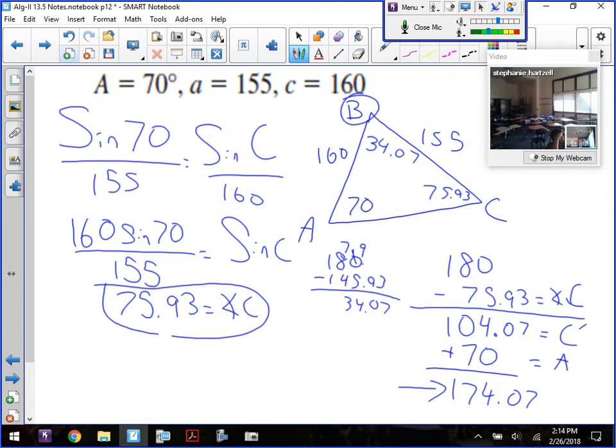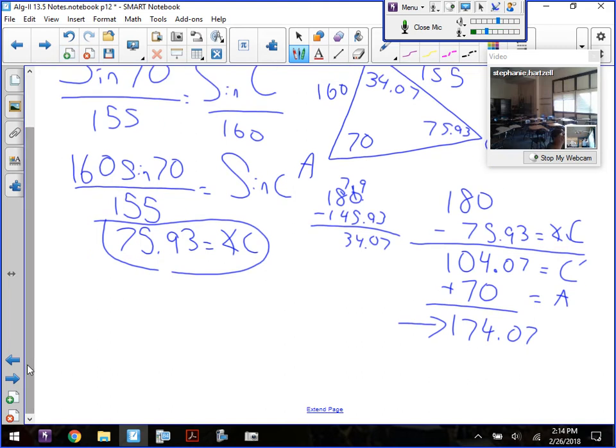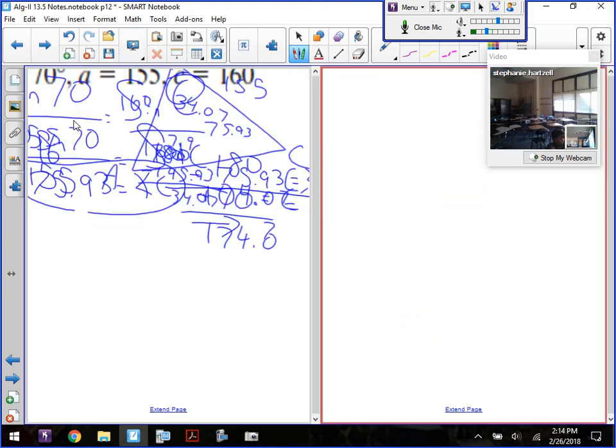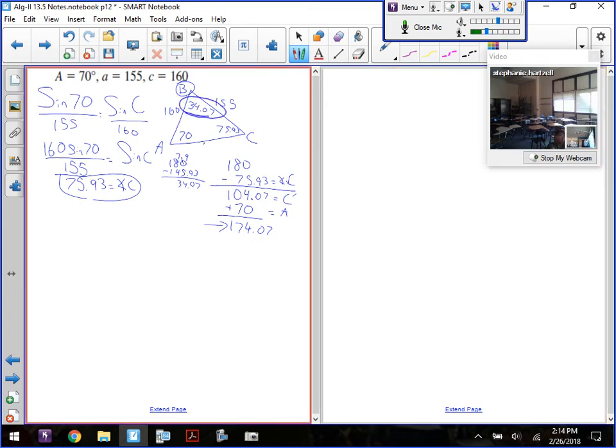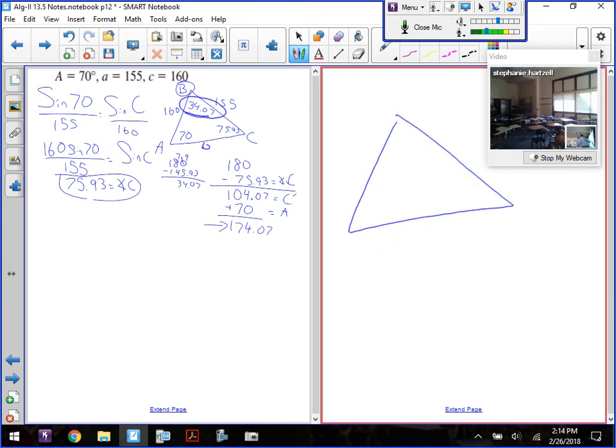Okay? So what happened then is you'd have two problems. What you would do is, let me split this into two pages real quick. It's easier to see. We have our first one here where we have that 34.07 that we got. We have to find a little b here. And then the secondary triangle, we know that we had started with the 70, a 155, a 160, and then we were able to say that the other possible angle was 104.07.